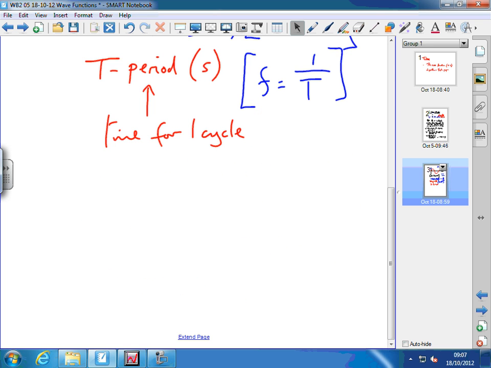So if in this equation I were to write y equals a sine 2 pi f t, that 2 pi f is my omega. So I could rewrite it like that, where omega is the angular velocity.